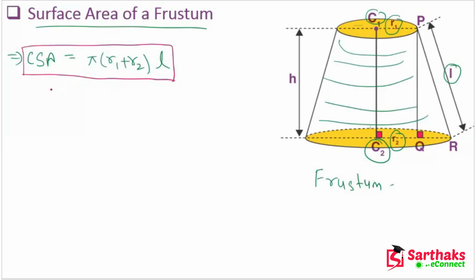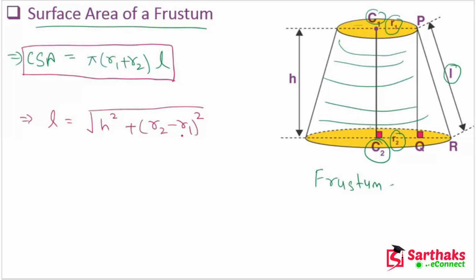Now in this case, l is the square root of h squared plus (r2 minus r1) whole squared. In the case of a cone, the formula is the square root of h squared plus r squared. But in the case of a frustum, it is the square root of h squared plus (r2 minus r1) whole squared.